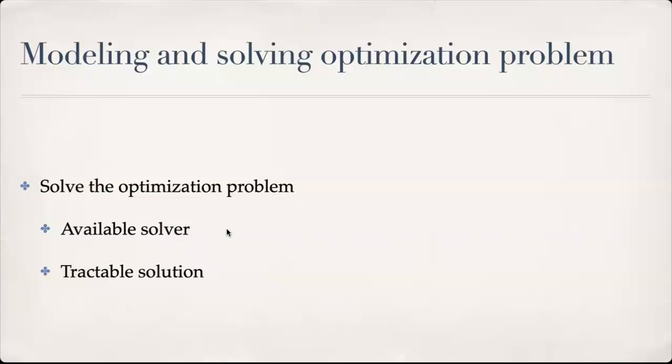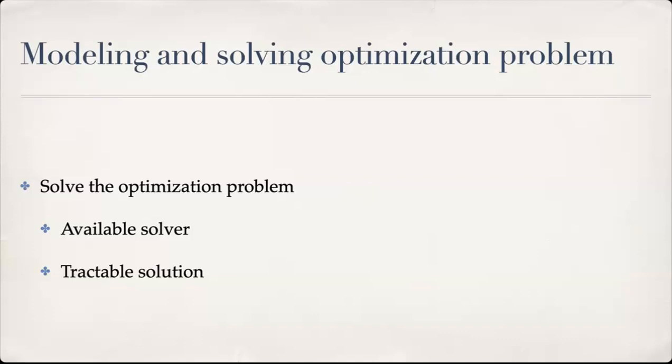For example, if you have a convex optimization problem solver that can only take the convex problem, of course you cannot solve the non-convex problem. If you want to solve the non-convex problem, you have to invest more on solver.